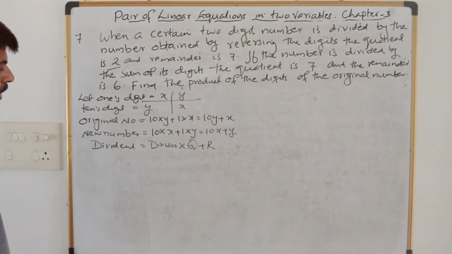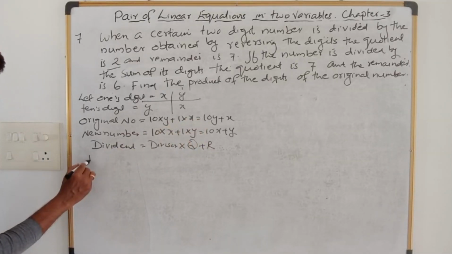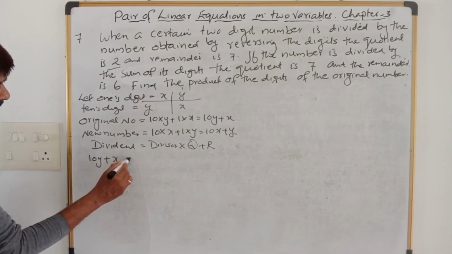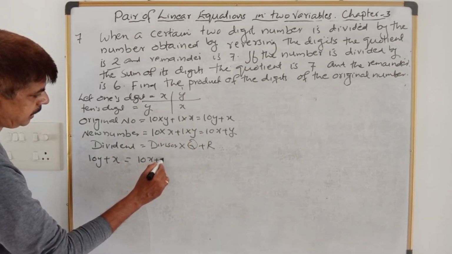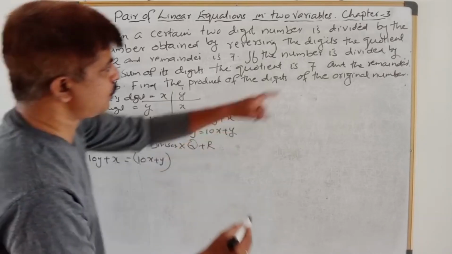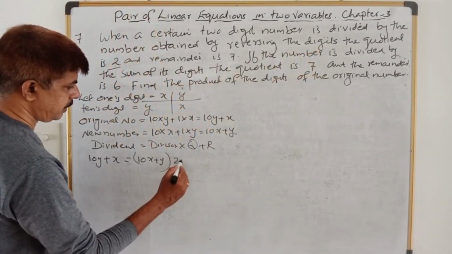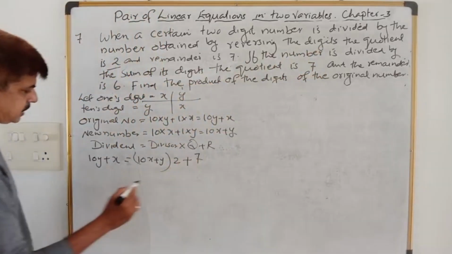Use this property. The original number is the dividend, the divisor is the new number, multiplied by the quotient, which is 2, and the remainder is 7.